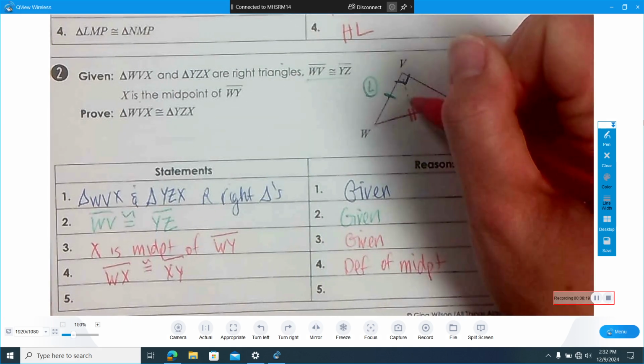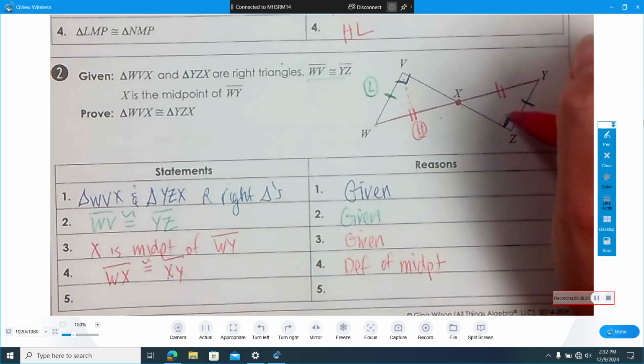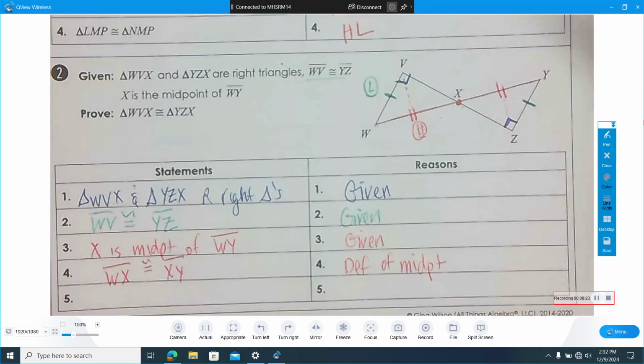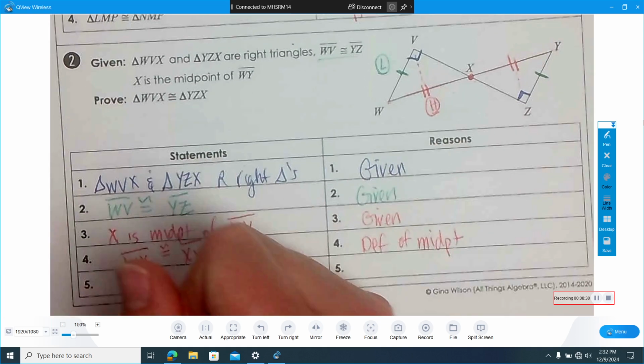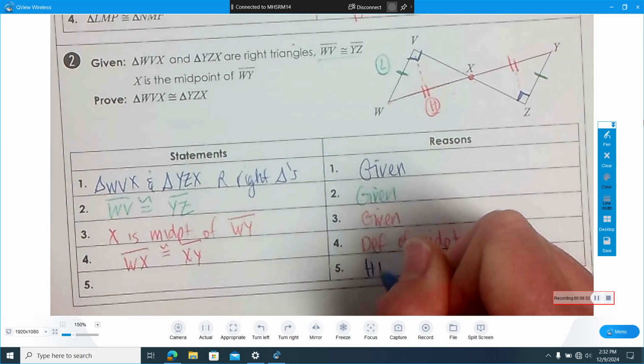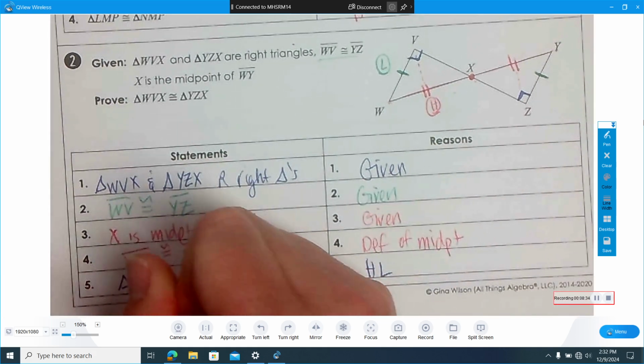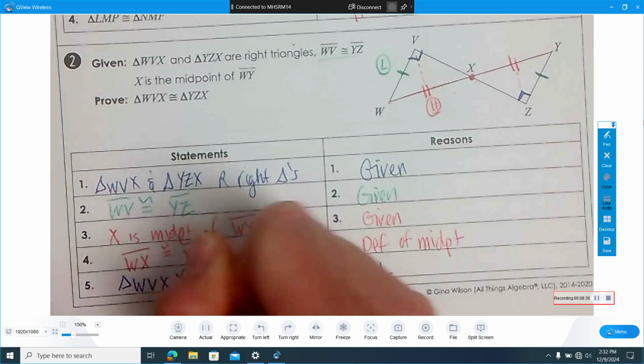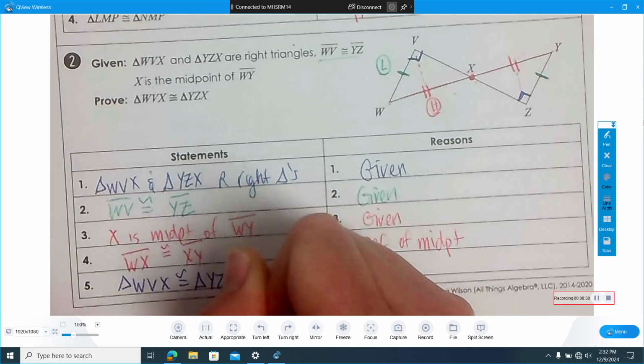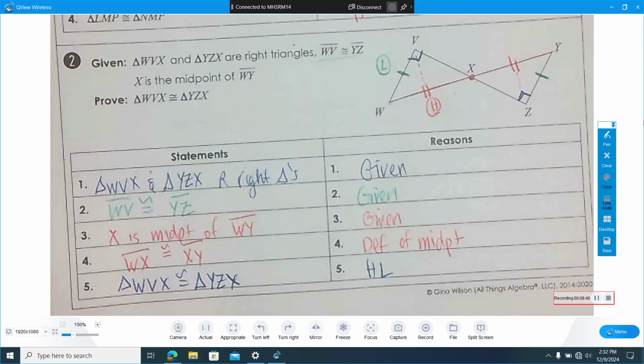Yeah, that's the hypotenuse, that side there, opposite the right angles. Hypotenuse, so are our triangles congruent? Yes. By what? By HL. Very good. So triangle WVX is congruent to triangle YZX by hypotenuse leg.